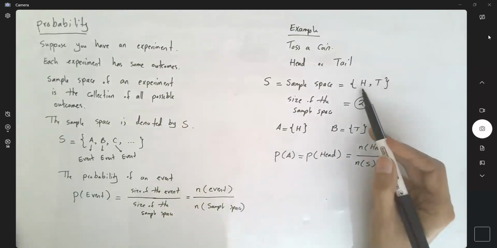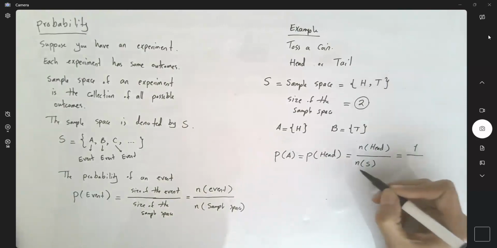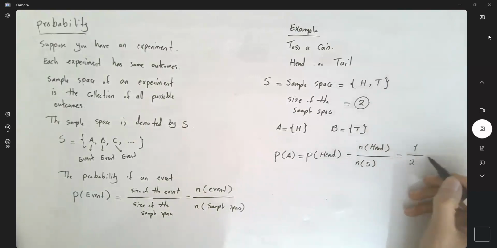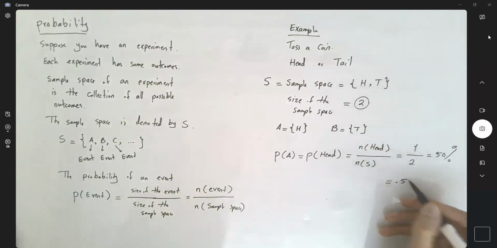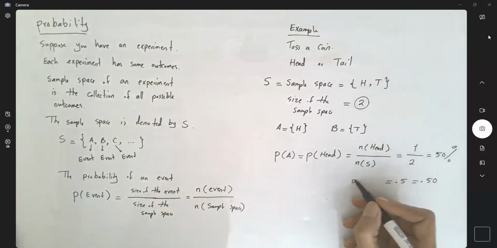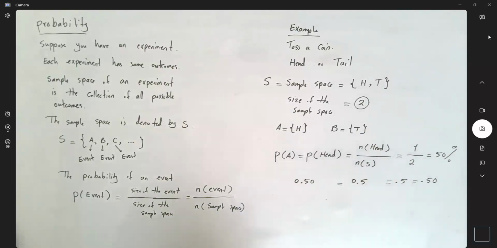We only have 1 head. So it's going to be 1 divided by what is the size of the sample space? We already know it is 2, or 50%, or 0.5 or 0.50. You can write it as 0.5. All of these representing the probability of head.